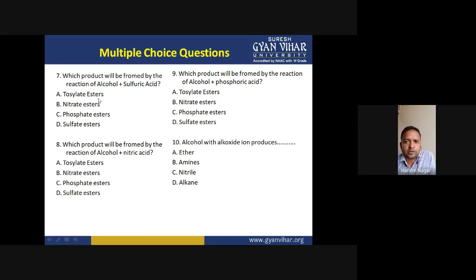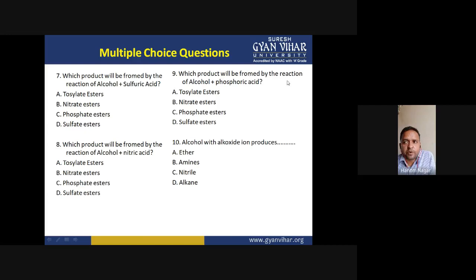Tosylate ester? No. Sulfate ester is formed by this reaction, because phosphate ester is formed by the reaction of phosphoric acid with alcohol. And what product will form by the reaction of alcohol plus nitric acid? Nitrate ester will be formed. This will be the correct option.